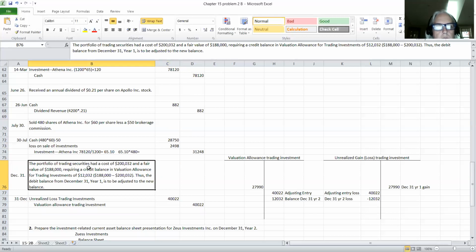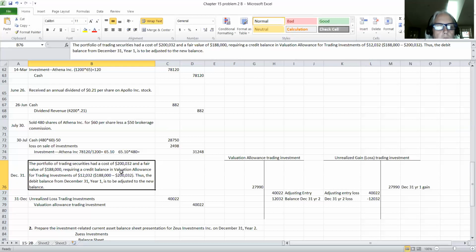The portfolio of trading securities, they said, cost $200,032, but had a fair value of $188,000 at the balance sheet date.